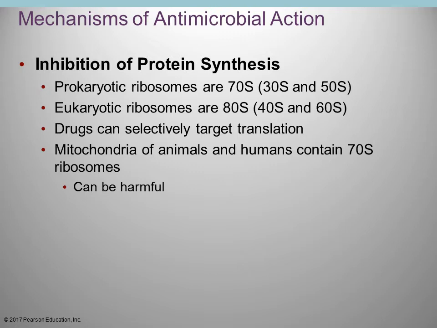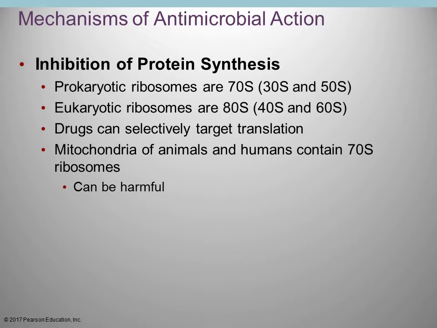Now, the catch that you have to be careful of, if you develop an antibiotic that is effective against the 70S ribosomes, the thing you have to keep in mind is that, yes, that's found in prokaryotes.